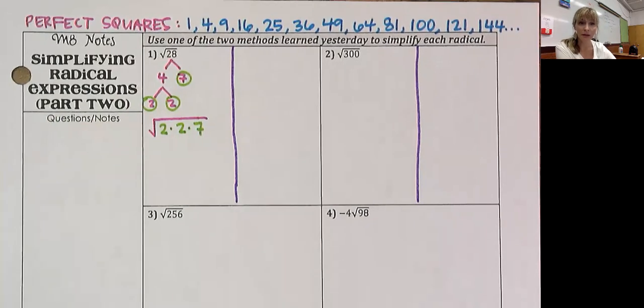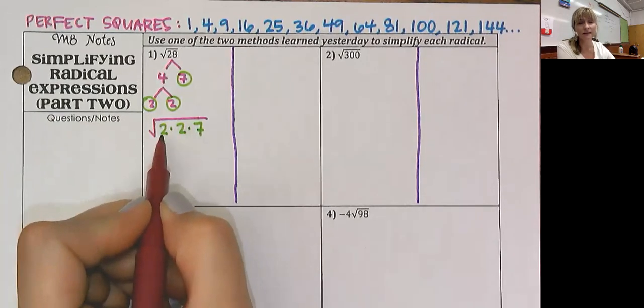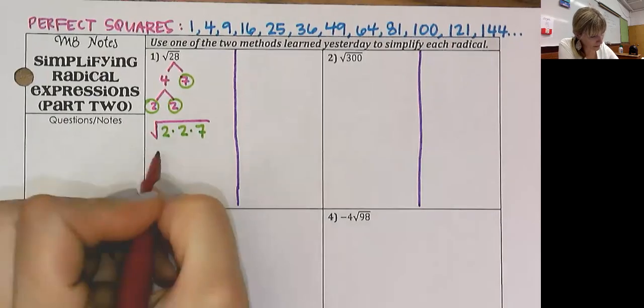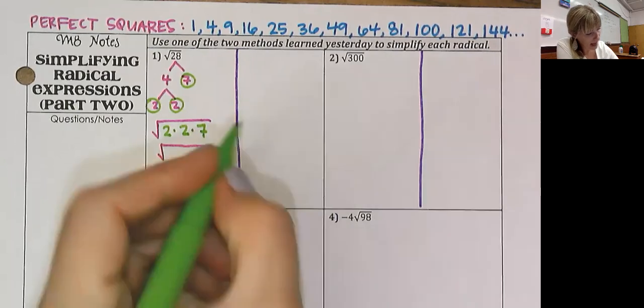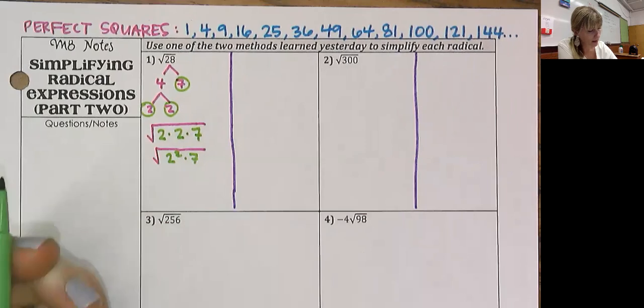And remember, with this process, you have to have a pair in order to take out 1. Because really what's happening is this is actually 2 squared, and then the squared and the square root cancel each other. So for every pair here, we can write it this way. Watch what this means. This means that we've got 2 squared times 7.